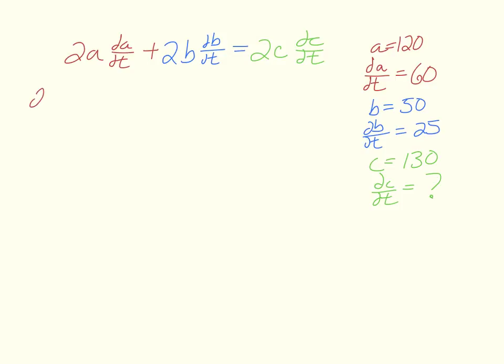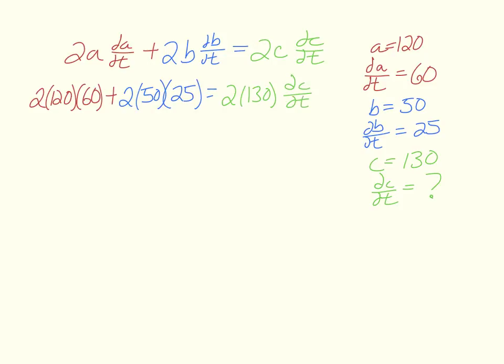So here we will have 2 times 120 times 60 plus 2 times 50 times 25 equals 2 times 130 dC/dt. When you simplify the entire left side down, you get 16,900, and for the right side, when you multiply 2 times 130, you get 260 dC/dt.